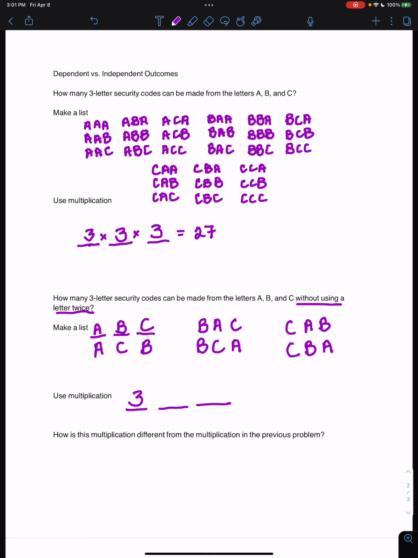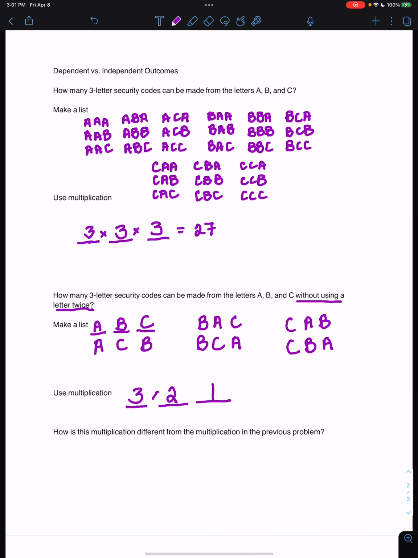So let's say we chose A. We've eliminated A. So we only have 2 choices left. For our third letter, we've used 2 of our letters. We only have 1 choice left. And we're going to multiply these. And as we can see, instead of 27, we only have 6 choices.